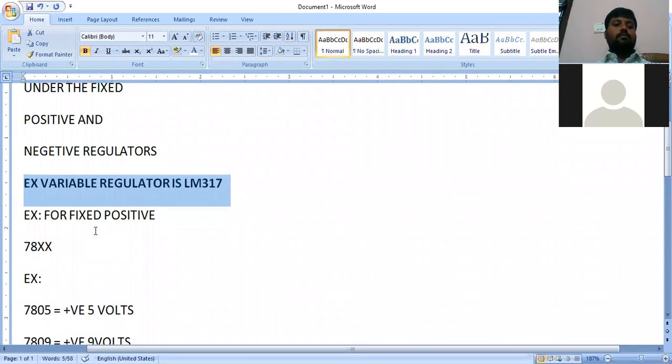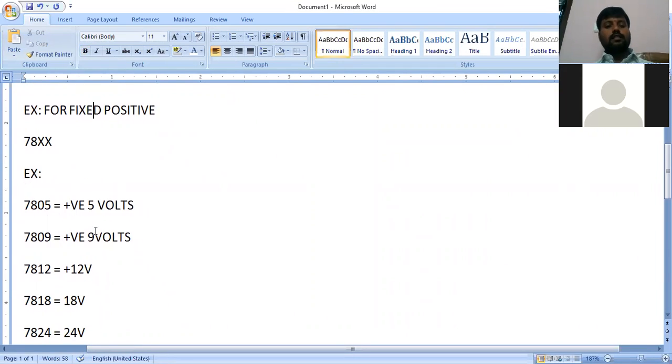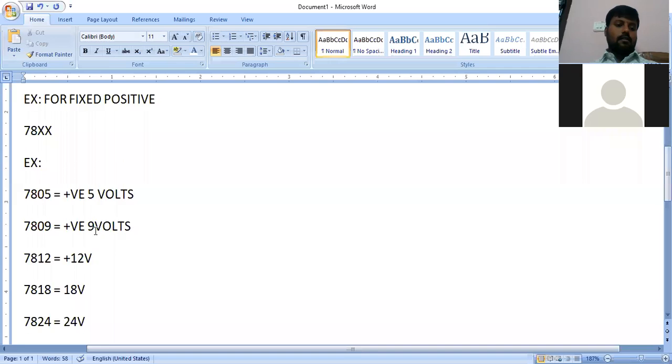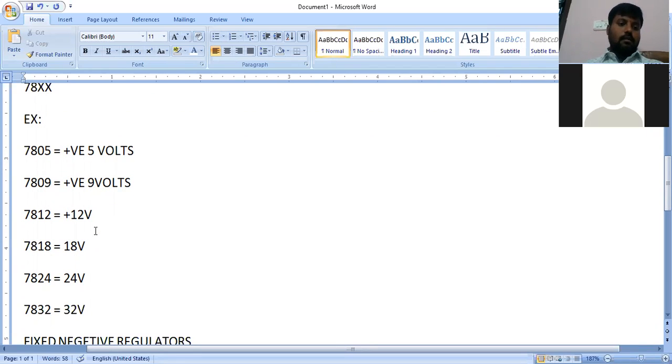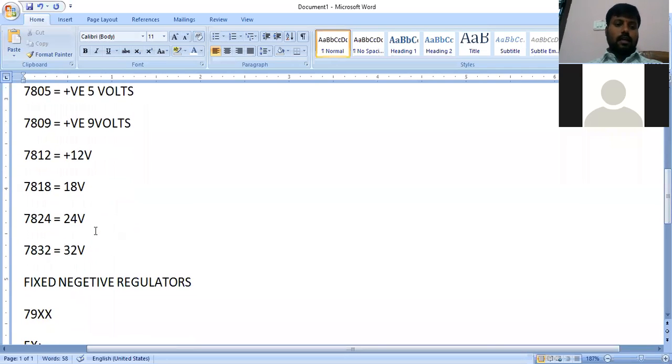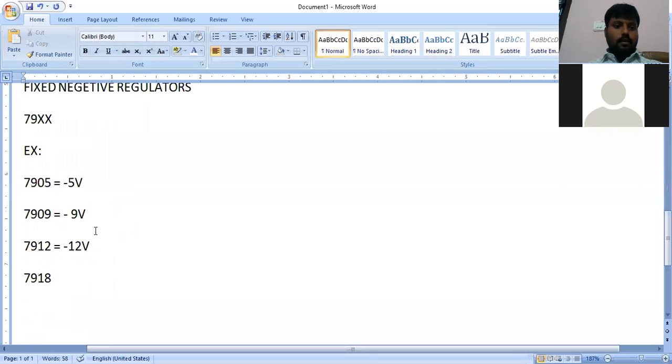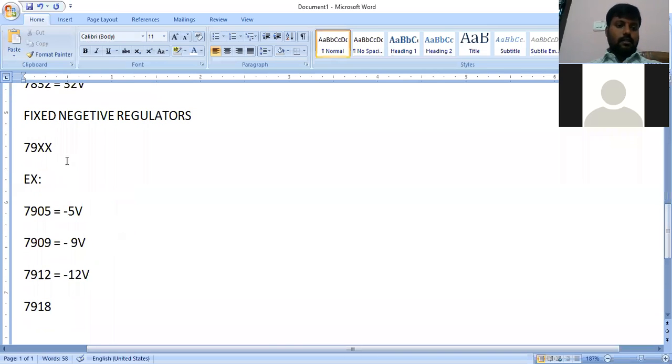Example for fixed positive voltage regulator is 78XX, with so many numbers like 7805, 09, 12, 18. And negative voltage regulators are the 79XX series. So if it is 7905, minus 5 volts; if it is 7909, minus 9 volts. Okay, right.